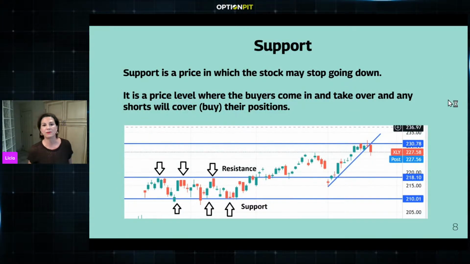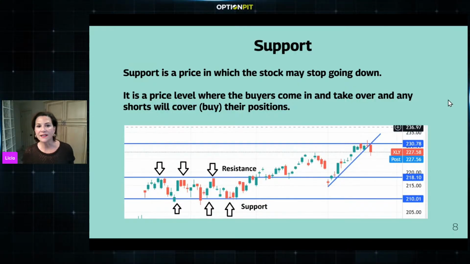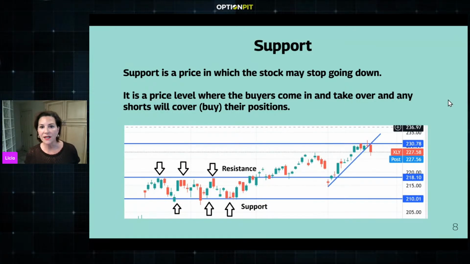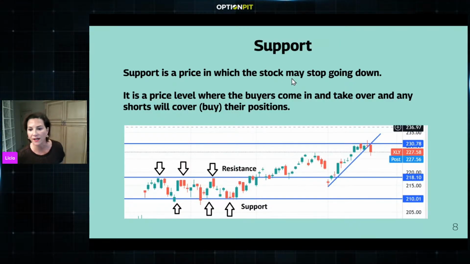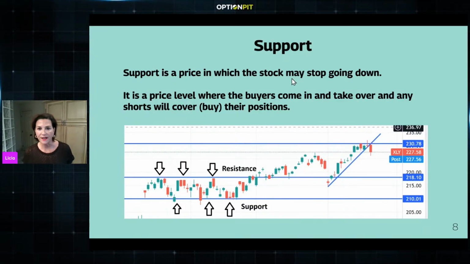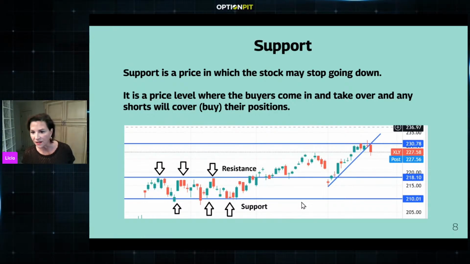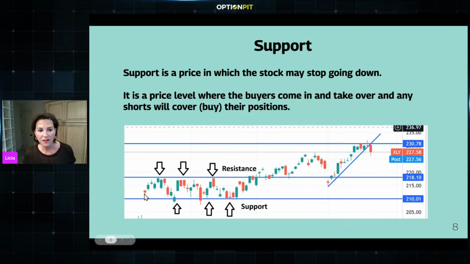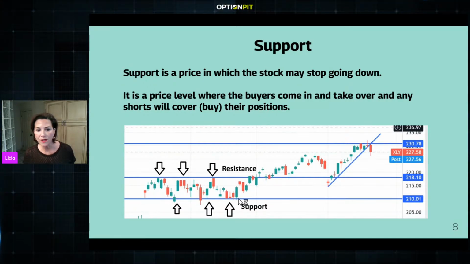So what exactly is support? Support is a price level on a stock that may stop it from going down. Now I say may because, as in trading, nothing is 100%, right? It may return to that level and stop going down. As you can see here, the support in XLY is 210.01. And we know that because it has visited this level 1, 2, 3, 4 times.